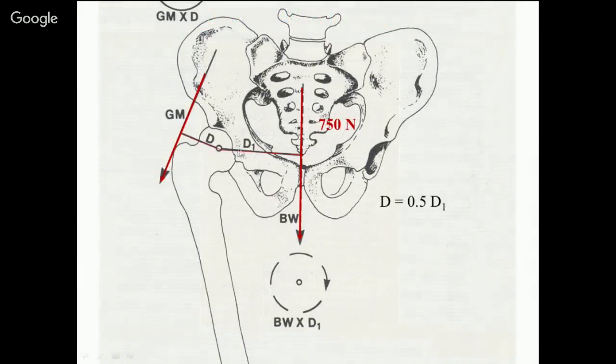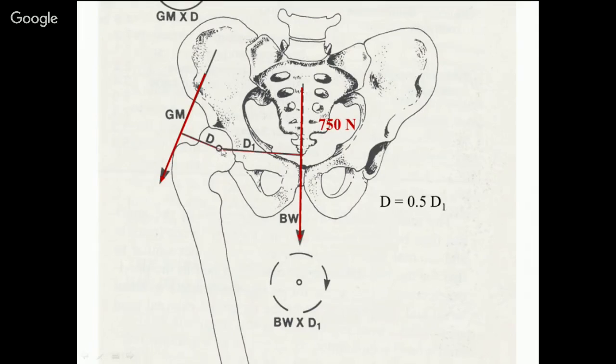Okay, so if my weight would be 750 newtons, so 75 kilos here, my muscles have to pull back to keep me upstanding, yeah? Because this is the center of rotation.